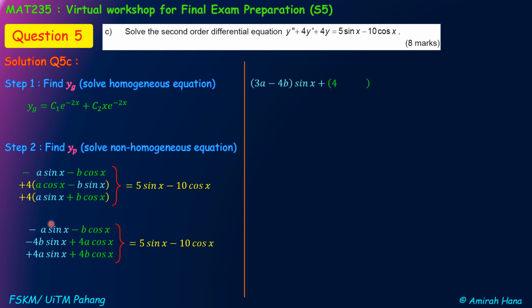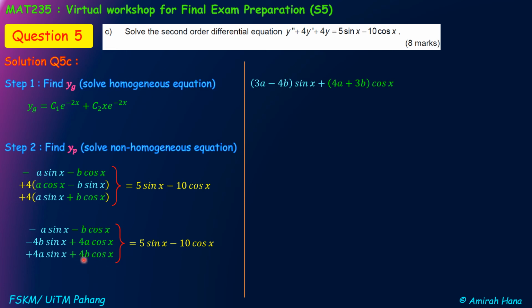After that, we have minus A plus 4A, and then sin x. So we have 3A minus 4B in bracket sin x. We simplify this. And then we simplify the terms containing cos x.